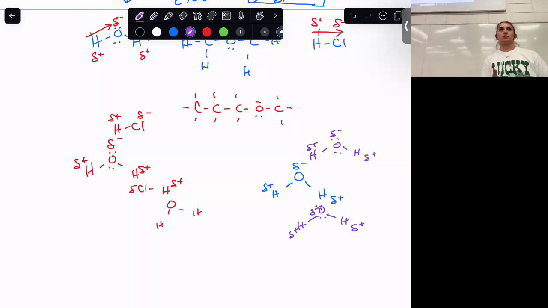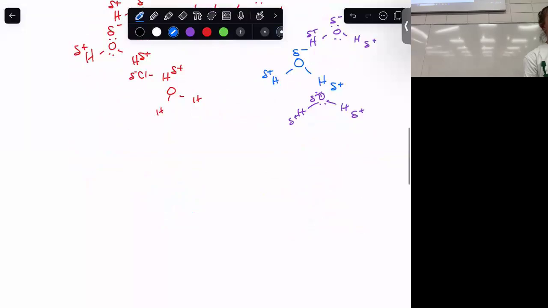Any other questions on dipole-dipole interaction? And what is our last intermolecular force, our weakest? This is London dispersion forces, or just LDFs. What molecules have LDFs? All molecules will have London dispersion forces.